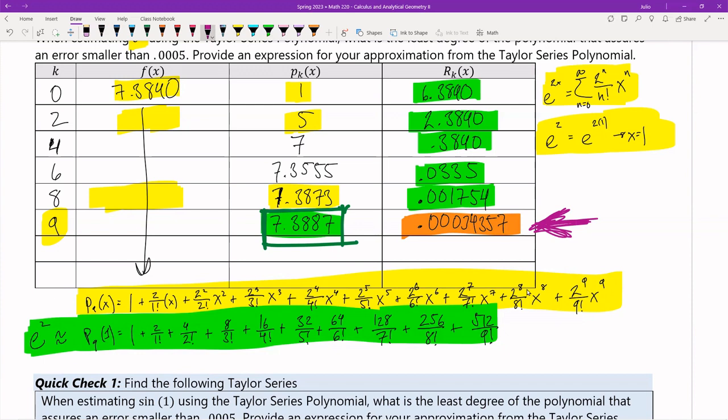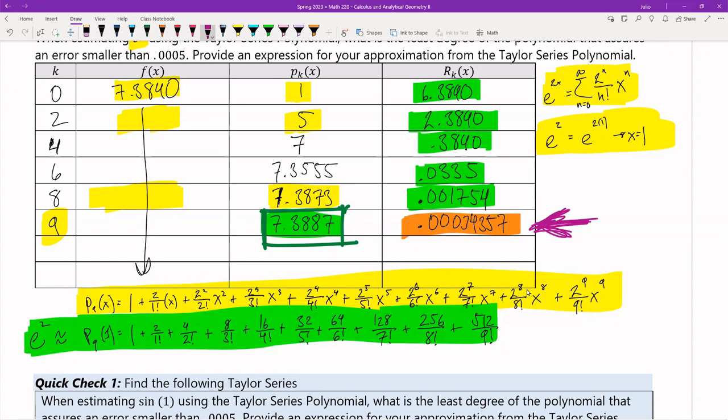Remember how I said a calculator can add, subtract, multiply, divide. It doesn't know how to take exponentials. It doesn't know e to some odd power. Does that make sense? It doesn't know that stuff at all.